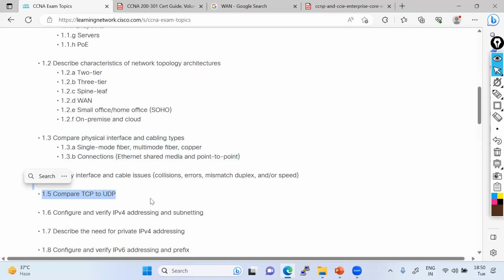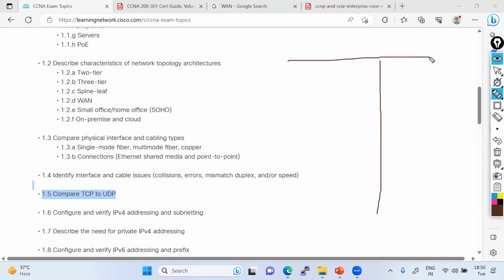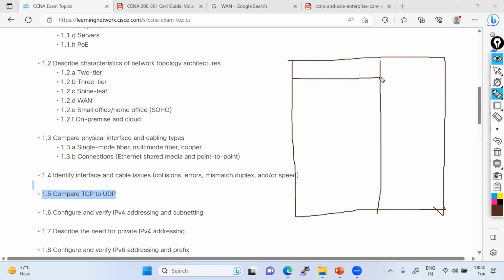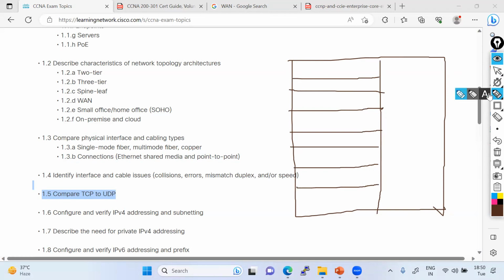So TCP and UDP, right? What is the meaning of TCP and UDP? I mentioned the OSI model, or the TCP/IP model, where we have different layers. In OSI, we have a total of 7 layers.